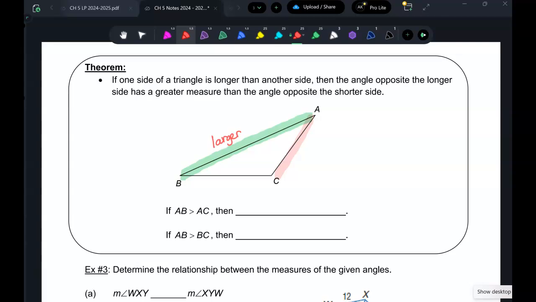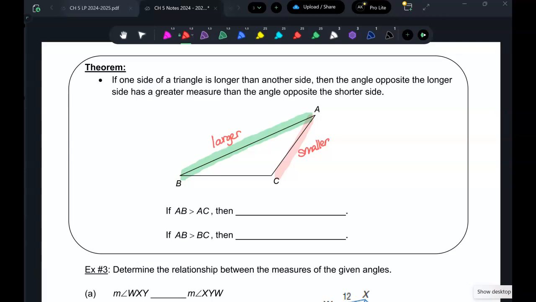Does it also have to be longer than BC? No, we only compare 2 at a time. So AB is bigger than AC. What that tells us is the angles opposite those sides also compare in the same way.